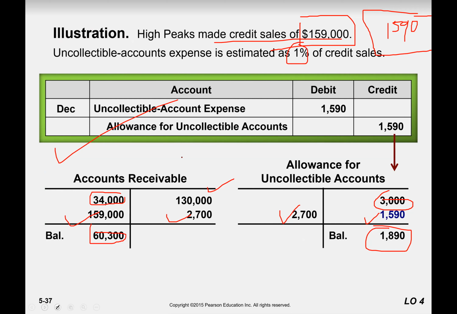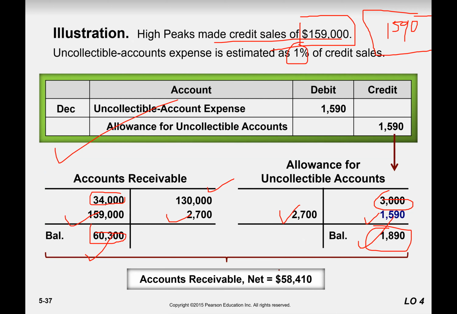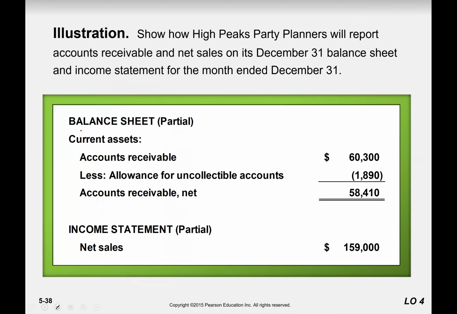So how are we going to show it on the balance sheet? 60,300 minus 1,890. The balance is going to be 58,410. Here under current assets, receivables 60,300 less allowance, so the net value will be 58,410.